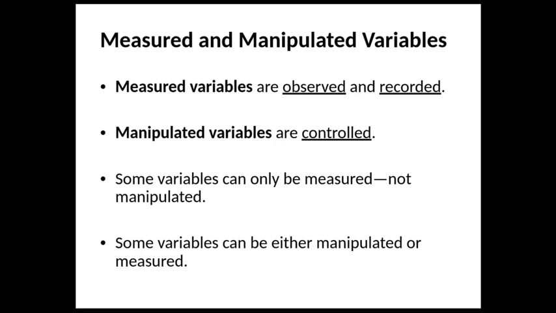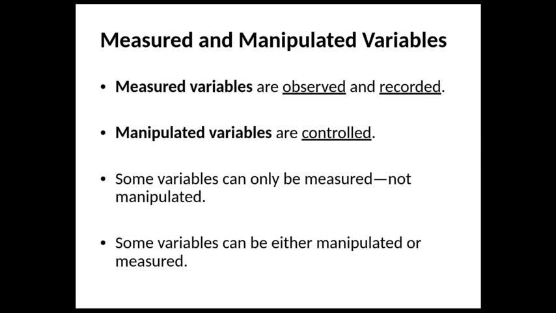So a measured variable is your outcome, or observed and recorded. That's usually the cheat sheet way of remembering this: whatever number you're getting from this study, whatever number is going into your statistical analysis. Are we measuring the number you got right on an exam? Are we measuring the number of times somebody cheated?